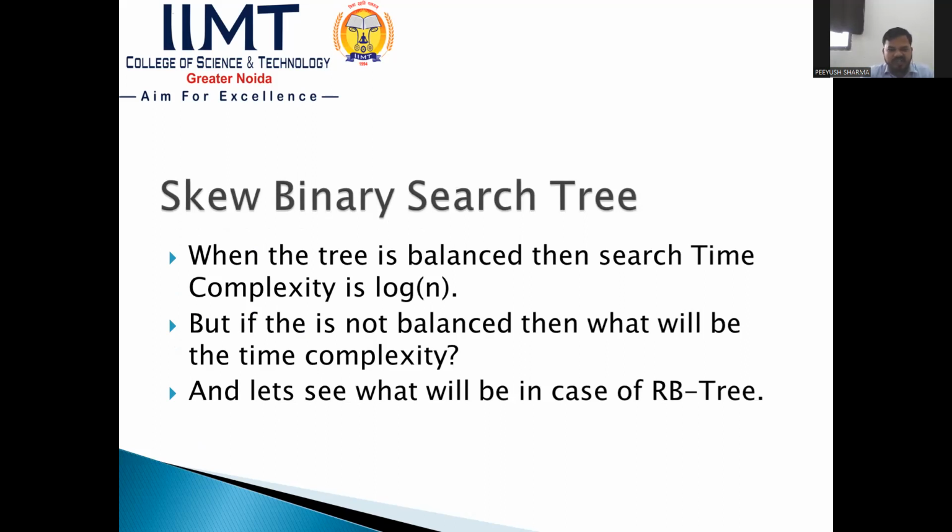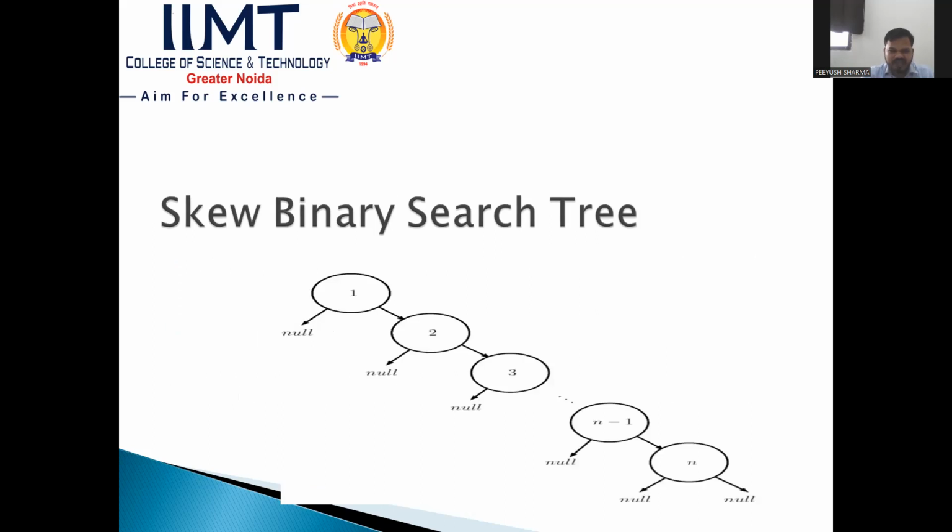A skew tree is basically one where all the nodes are either on the right child of a parent or on the left child of a particular parent. For example, here all the child nodes are on one side, only in the right direction, and the left child is null.